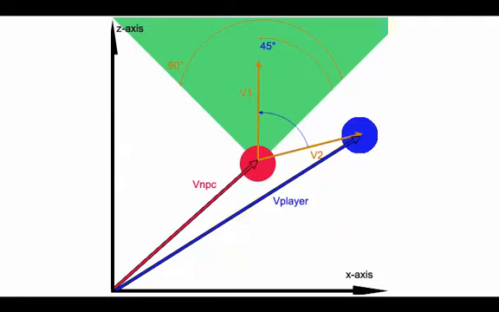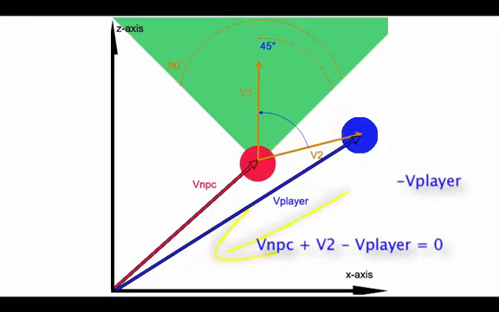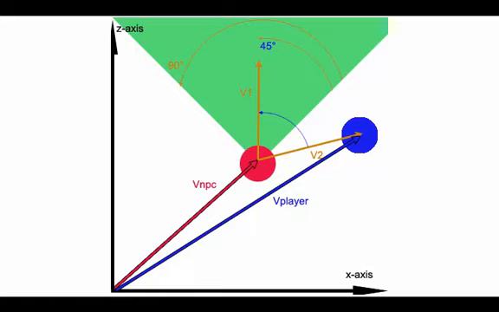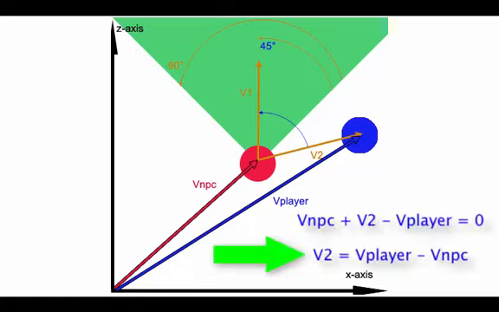So we could say that vNPC plus v2 minus vPlayer equals 0. In other words, by following vNPC, then v2 and vPlayer in reverse, we end up at the same point. Following this, we can then say that v2 equals minus vNPC plus vPlayer. This is how we can calculate v2.